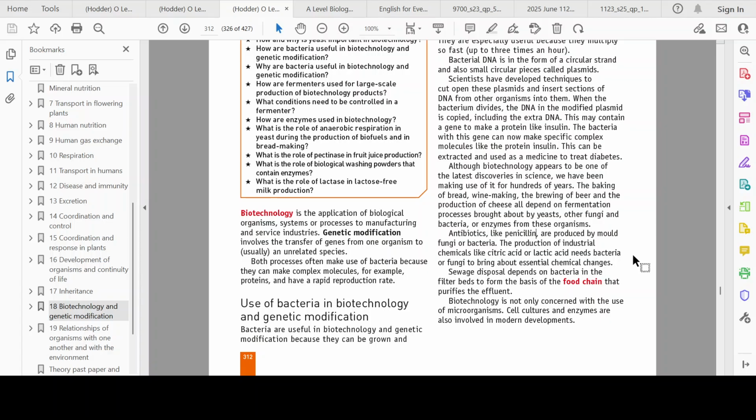And yes, they are also made by bacteria. They could be made by bacteria, they could be synthetic, and they could be obtained from other sources as well, right? The purpose is that they are able to act on bacteria and somehow stop their growth or kill them off, or both.